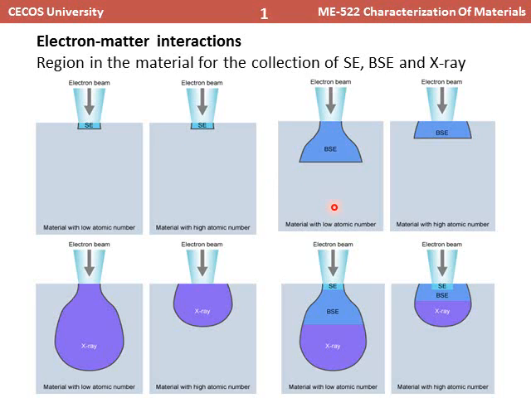Whereas in case of backscatter electrons, what is happening is that the high energy electrons penetrate from the surface atoms to the bulk, and if the specimen is of low atomic number, meaning the smaller nucleus, then the depth of penetration of the electron beam, the high energy electrons, will be much more as compared to the high atomic number specimen, because in case of high atomic number specimen, the bigger nucleus is a bigger hurdle for these electrons.